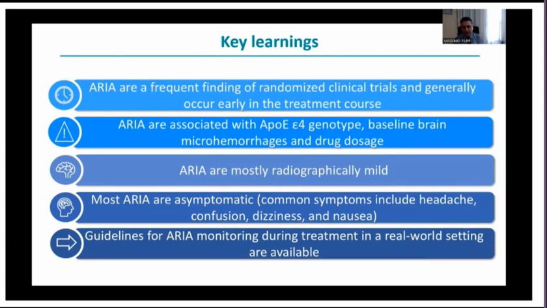And as I showed you in the previous slide, we have very well established algorithms in order to decide when to stop and eventually when to restart treatment. So thank you very much for your attention, and I'm ready to take any question you might have.